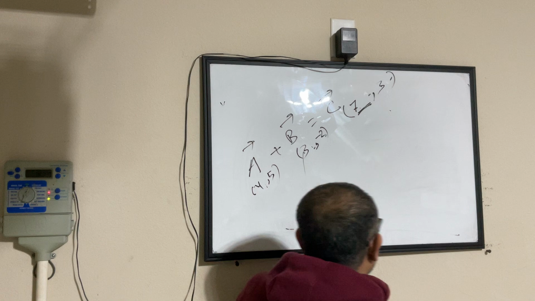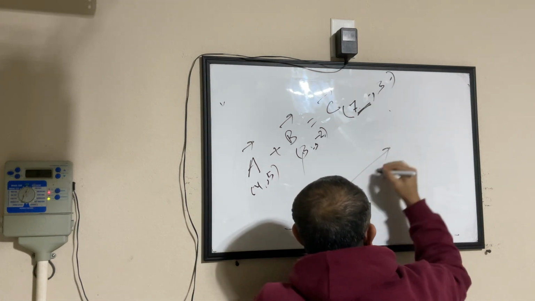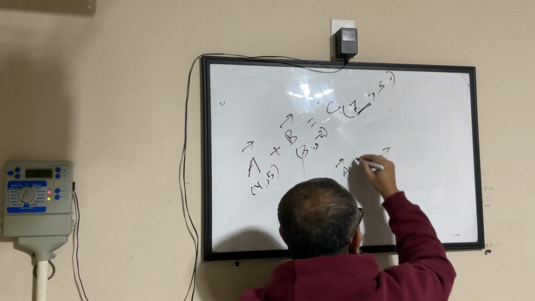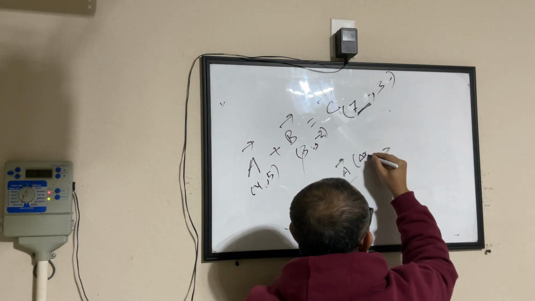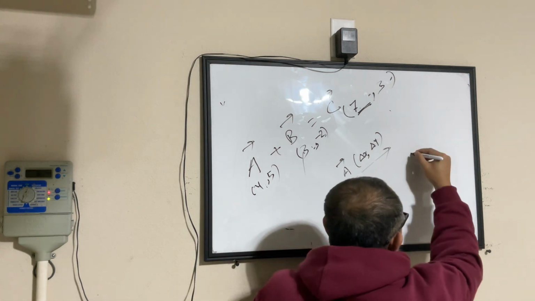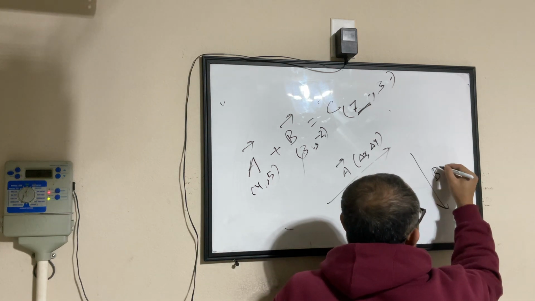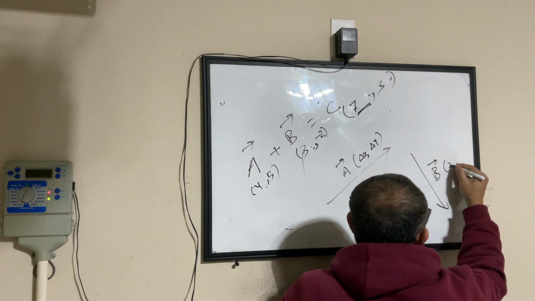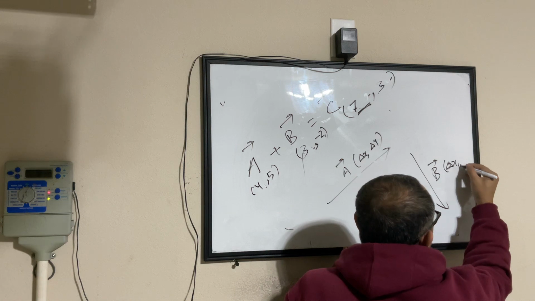If I have a vector A, this is A. If I'm saying a vector, that means it has an x component and it has a y component. Similarly, if I have another vector B, again this has an x component and a y component.